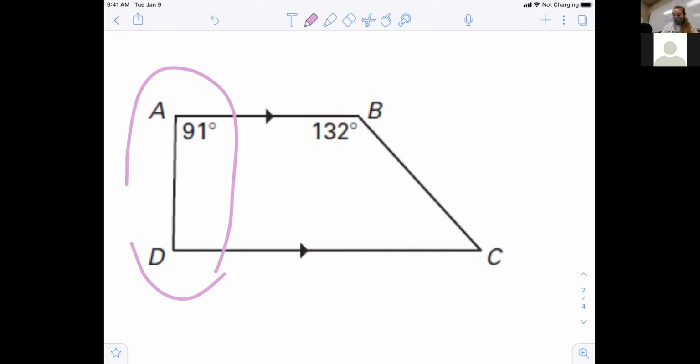Cooper, you're right that it's almost 90. Donna, what did you just tell me? A and D are supplementary, so how would I find D? 180 minus 91. So it's going to be 89, which is almost 90. But just because something looks like 90 is not a good enough excuse. That's not a reason I can write. It looks like it's 90.